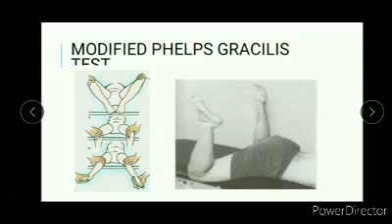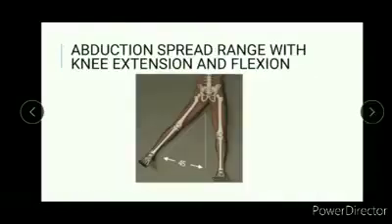But if the range is near normal with the knee in flexion and the range of abduction reduces when we attempt hip abduction spread with the knee in full extension, it will indicate gracilis tightness. Remember, the basis of the modified Phelps gracilis test is the difference between the range of abduction with the knee in full extension or in flexion.